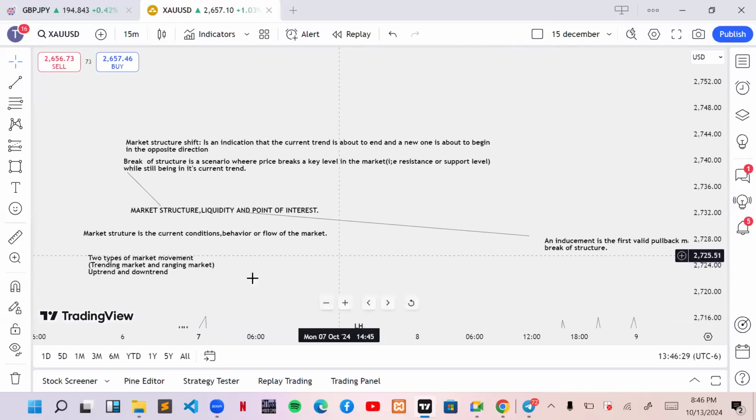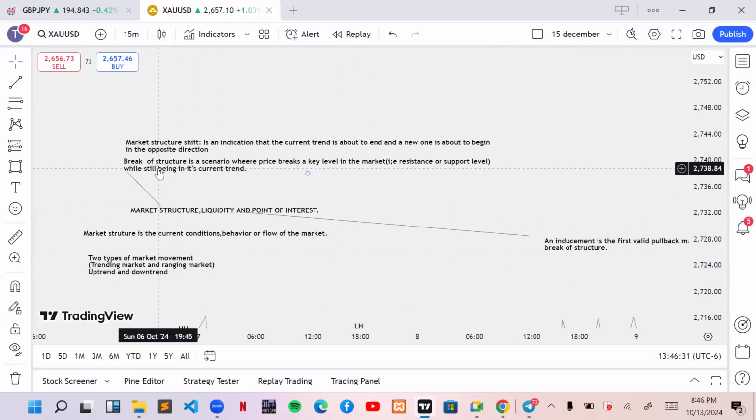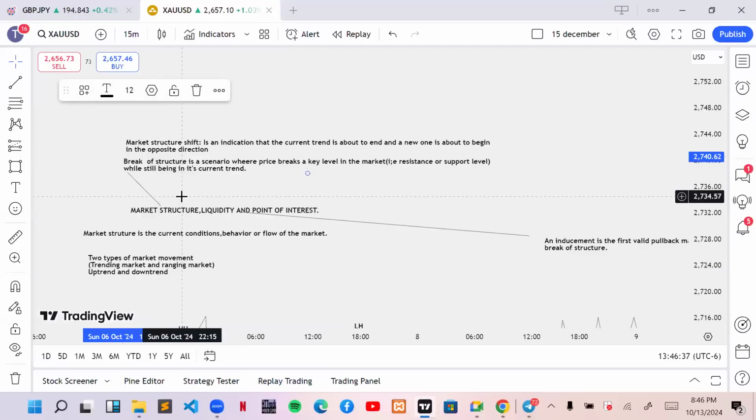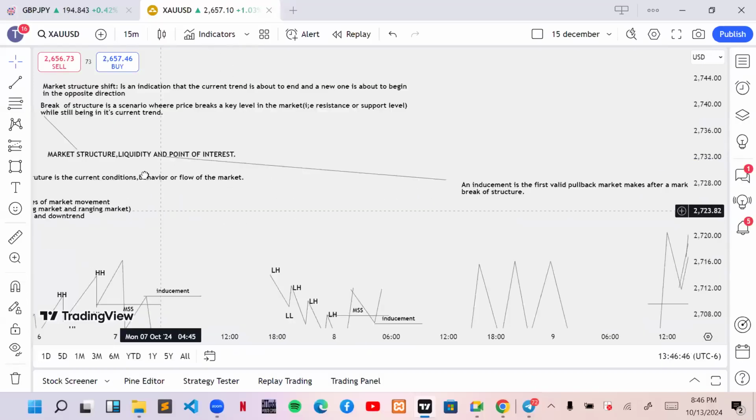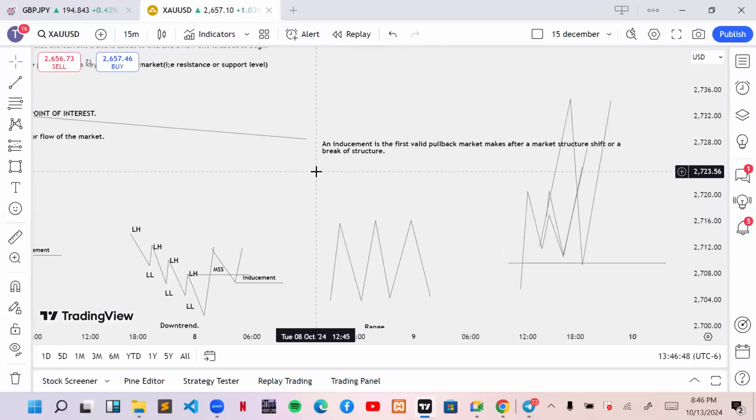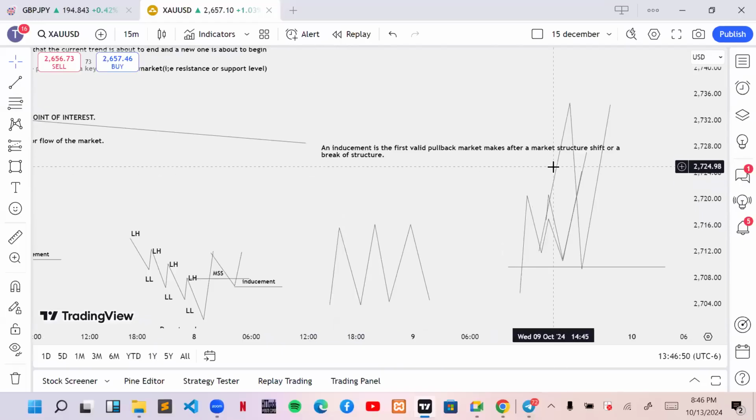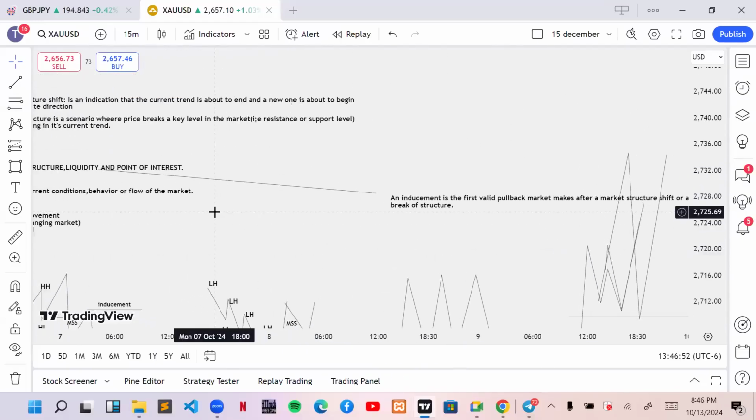So I've talked about market structure. I've talked about the 2 things I pay attention to for the market structure part of the strategy, which are my market structure shift and my break of structure. And I talked about liquidity. I said that my liquidity for this strategy is my inducement, the first valid pullback that the market makes after a market structure shift or a break of structure. Now it's time to talk about the point of interest part of the strategy.